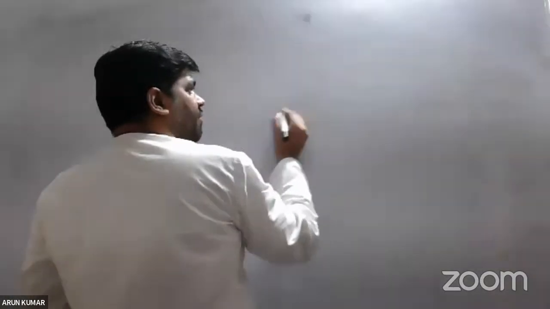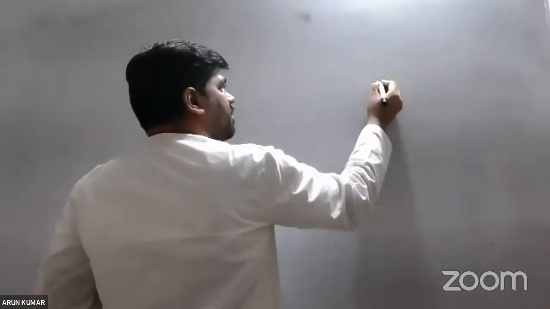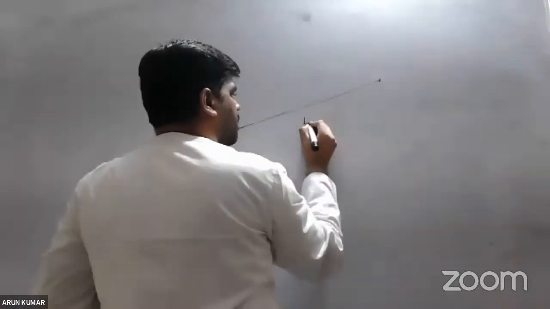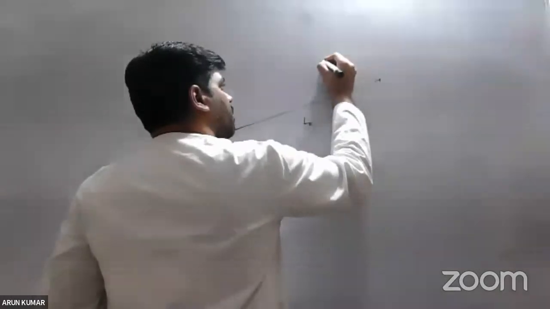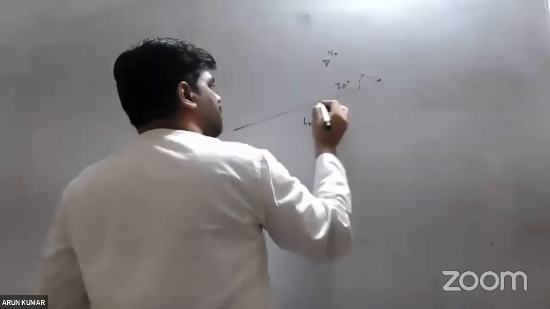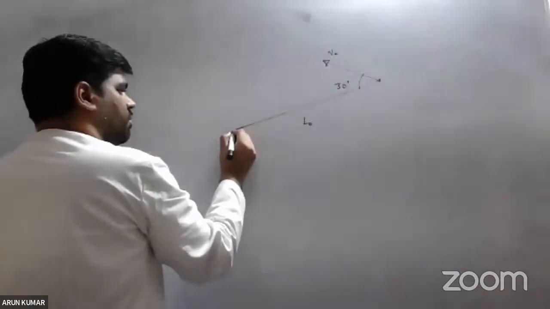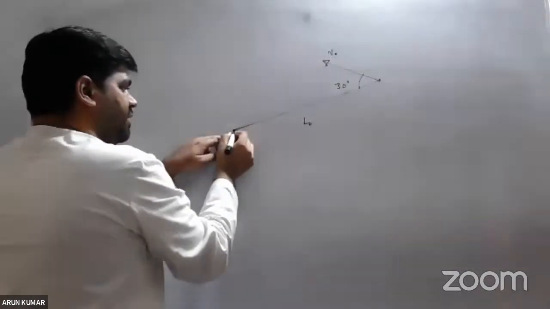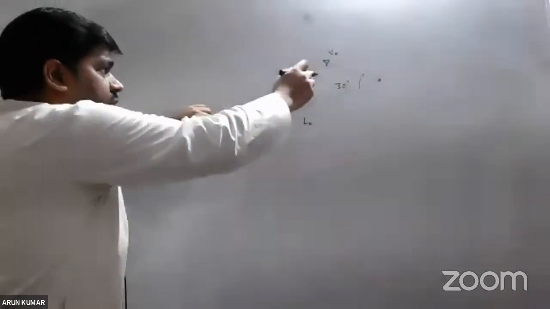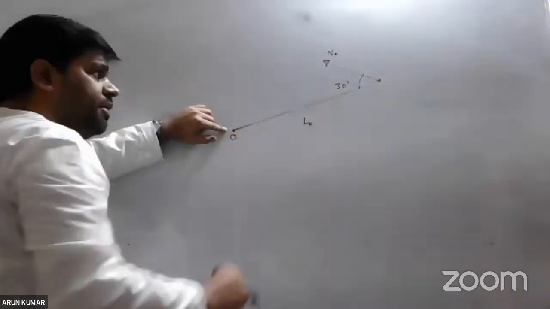Now, if a particle is randomly going at a distance of L naught, in this direction with velocity V naught at an angle of 30 degrees. So I stand on this point O. If I fix this point, this particle is also rotating about this point at this instant.